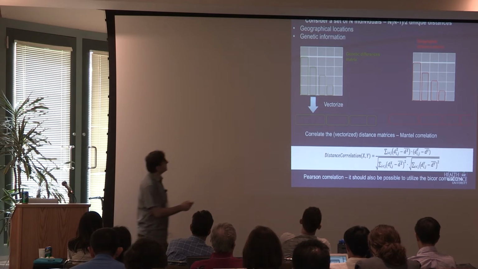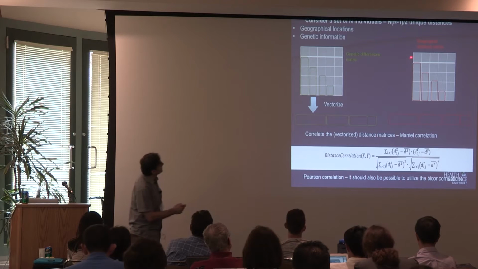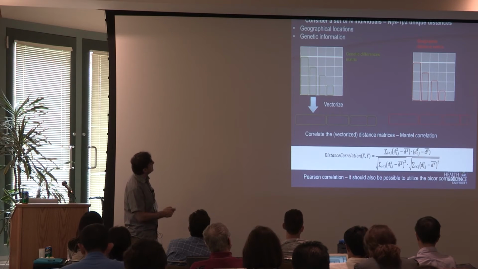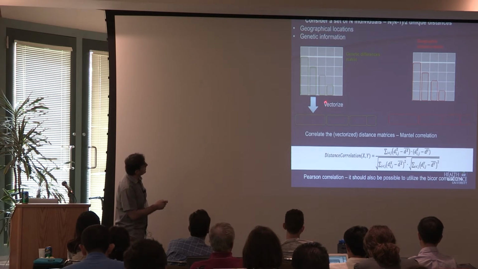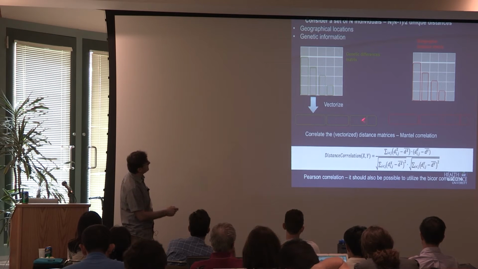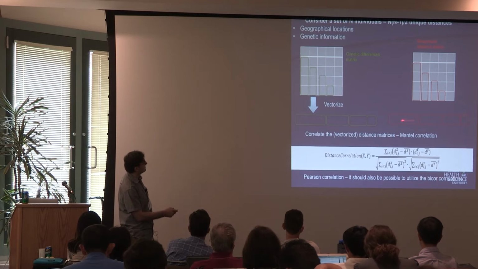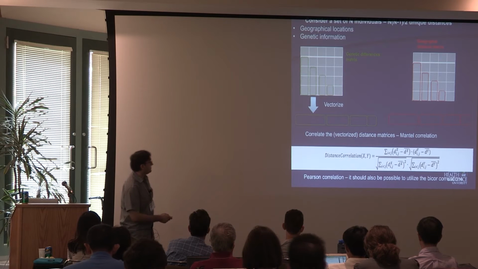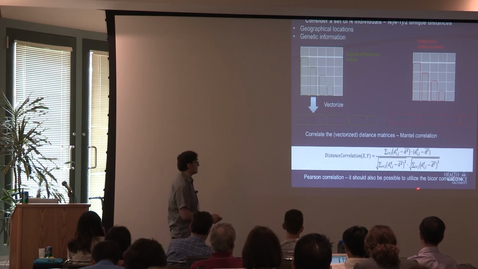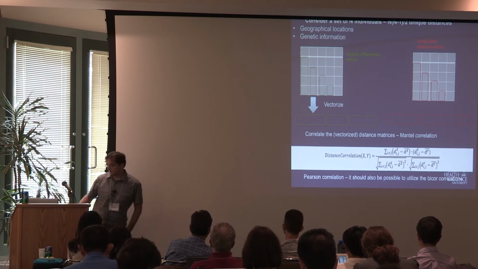And now you have another distance matrix that captures the geographical distances. So what you do, you take all the unique distances which are below the diagonal, and you put them in a vector, and then you just use the Pearson correlation on this long vector. It should be possible to use the bicorrelation, but I haven't done that as of yet.